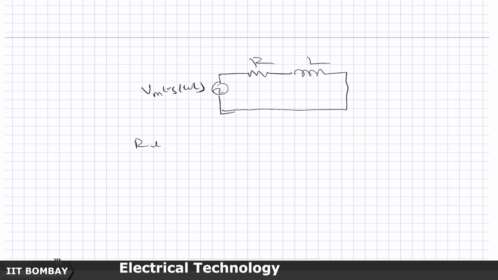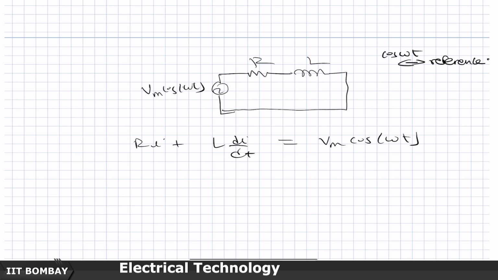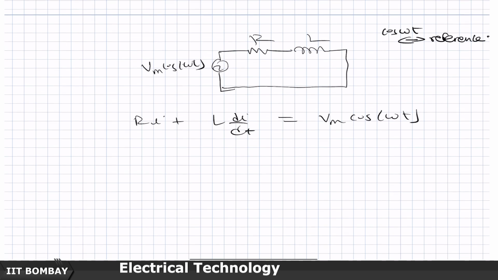For your sake, first I will write down the differential equation. Now, if I have written it as Vm cos of omega t, immediately it should click that it would be better to take cos of omega t as reference. There is no point now to force sine of omega t as a reference. It is okay now to directly take cos of omega t as the reference.